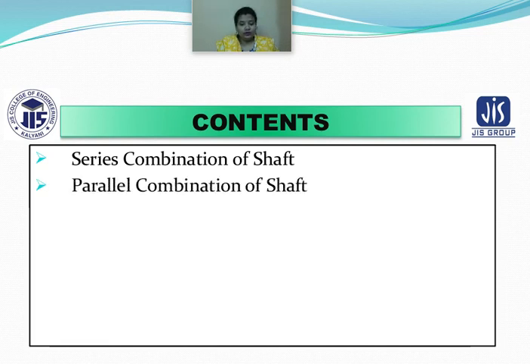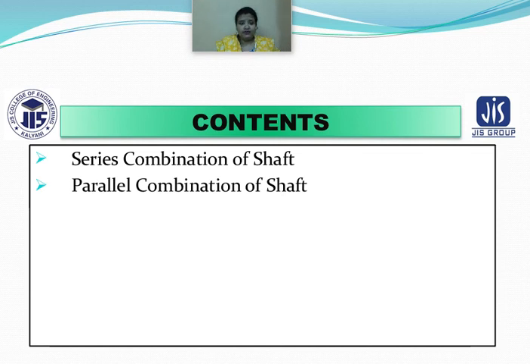Next we are talking about the parallel combination of shaft. In this parallel combination, just consider a shaft AB, and inside that particular shaft another material, another diameter, has been inserted. Now they are in parallel. So AB is a shaft, and inside that you have already inserted another shaft BC.